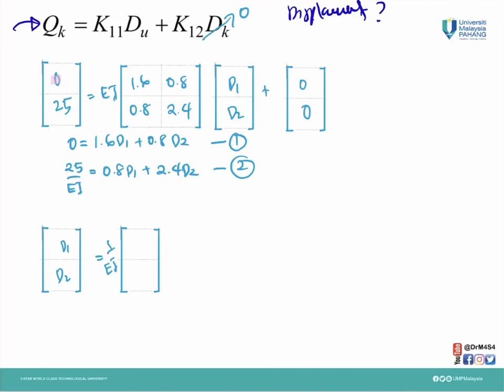We can solve it out and we can get our d1 and d2 values. So d1 value is negative 6.25 divided by EI, and d2 is 12.5. It is up to you to use simultaneous equations to solve this problem, or you can use matrix reduction to find your d1 and d2.